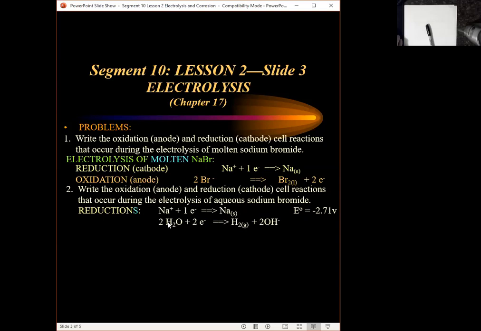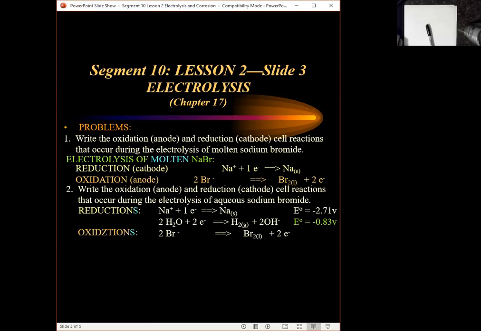If I look at water reduction, water reduces also to hydroxide ion and hydrogen, and its voltage is negative 0.83 volts. Now let's look at oxidations that could be taking place in an aqueous solution. Distinguish this from the molten chlorides that we had above. Above we didn't have to worry about water.